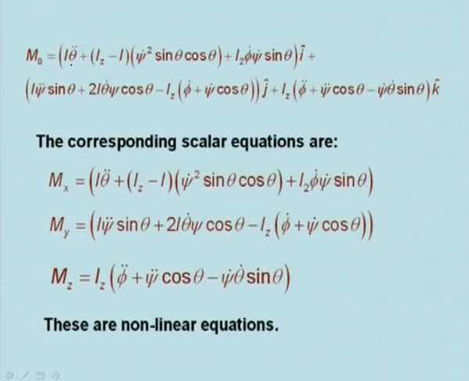M0 is equal to I theta double dot plus Iz minus I psi dot square sin theta cos theta plus Iz phi dot psi dot sin theta i plus I psi double dot sin theta plus 2I theta dot psi dot cos theta minus Iz phi dot plus psi dot cos theta theta dot j plus Iz phi double dot psi double dot cos theta minus psi dot theta dot sin theta k.